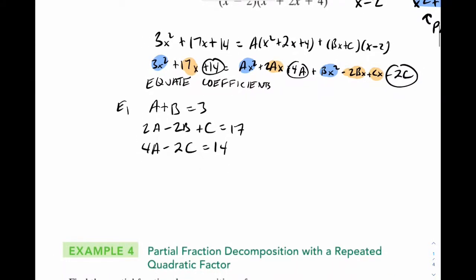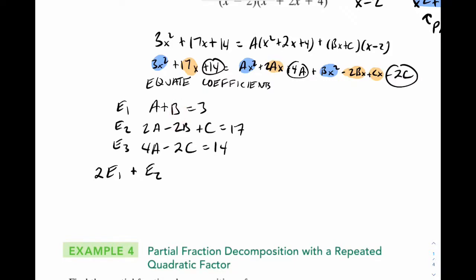Let's label this E1, E2, and E3. Now I'm going to use E1 and E2. The reason for that is because I'm looking at this B and 2B. That's going to be really nice to work with. Because if I do 2E1 plus E2, I can see that the B's will cancel.